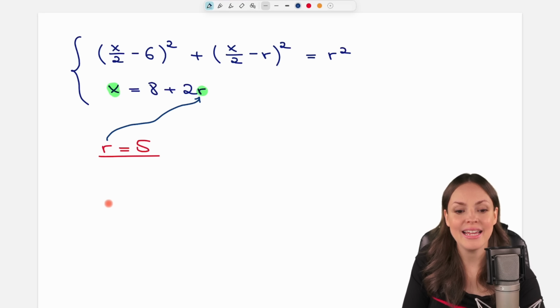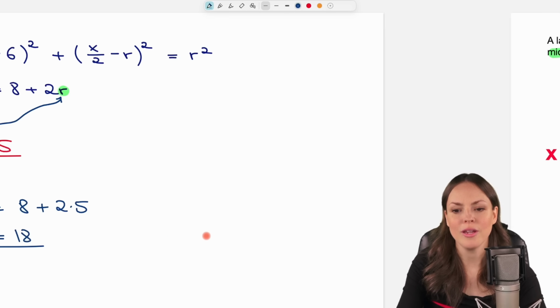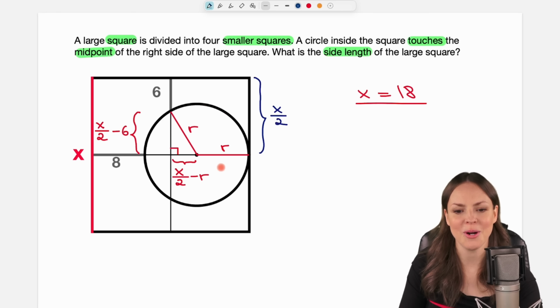So we get x finally as 8 plus 2 times my radius, which is 5. So in total, my x is 2 times 5, which is 10, plus 8. So it's 18, and we've solved our problem.